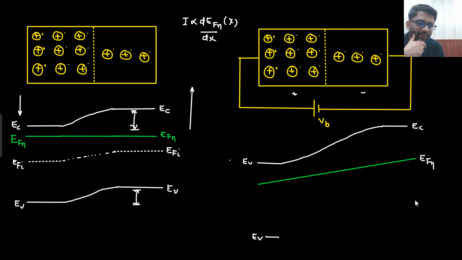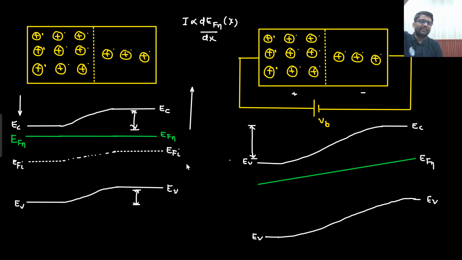One important part we are understanding here is that this barrier has increased now. Previously, this barrier was known as the built-in potential. Why it is known as built-in potential, we will discuss.